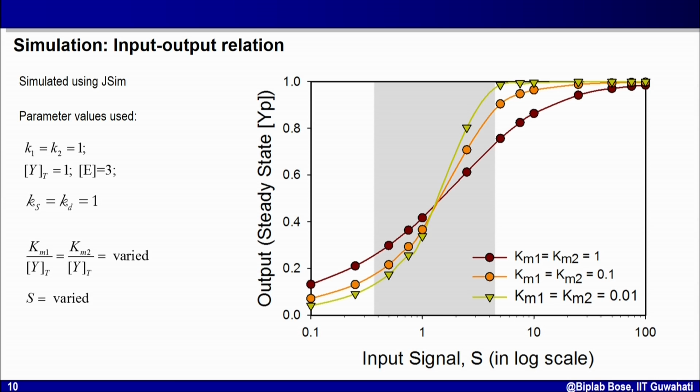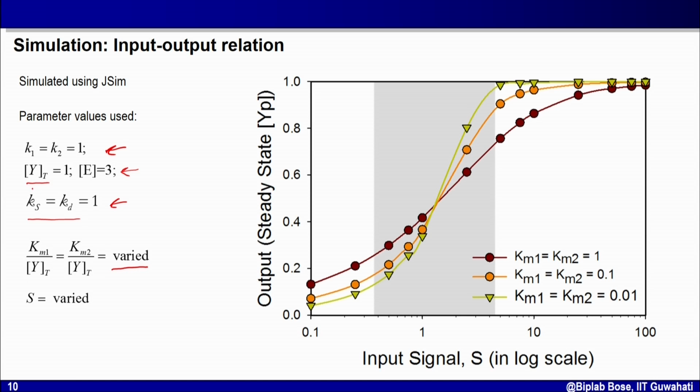I have kept parameters k1 and k2 fixed at 1. I have kept the total amount of y, yt, fixed at 1, and I have kept the phosphatase amount fixed at 3, and the degradation and Ks rates are also kept fixed at 1. What I have varied is the ratio of the Michaelis-Menten constant to yt.